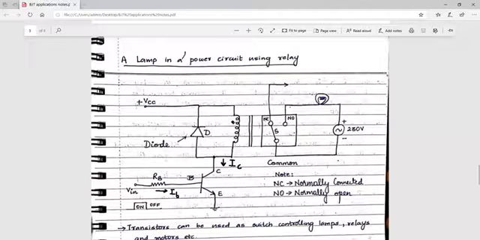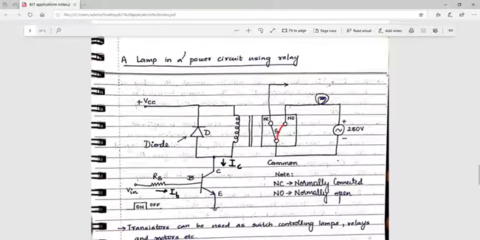When this coil gets energized, this switch will move from the NC position to the NO position. We can see this circuit is complete, and when the circuit is complete, the bulb will glow.